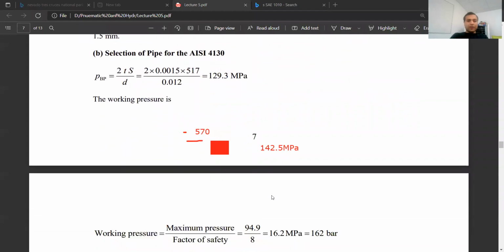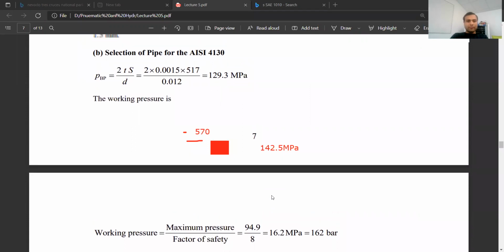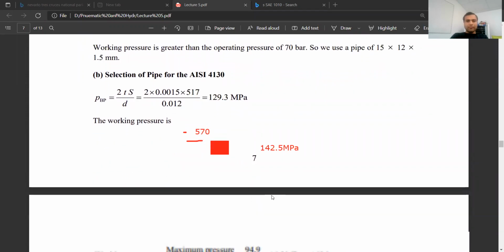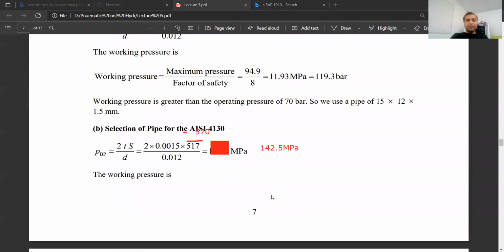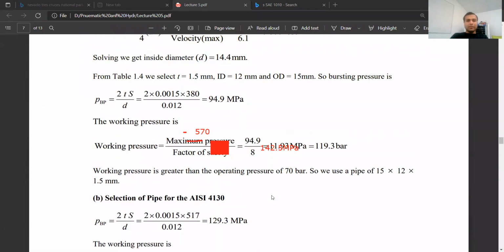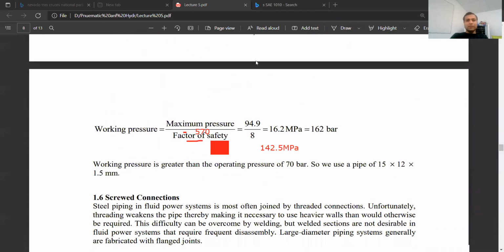Now we use that 142.5 and we divide this by 8.